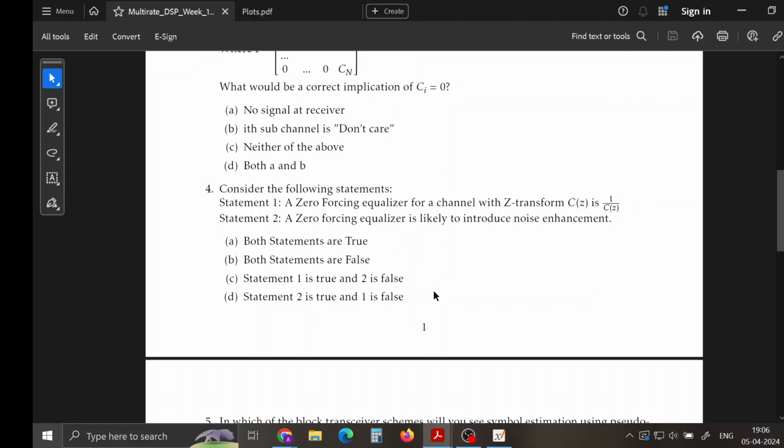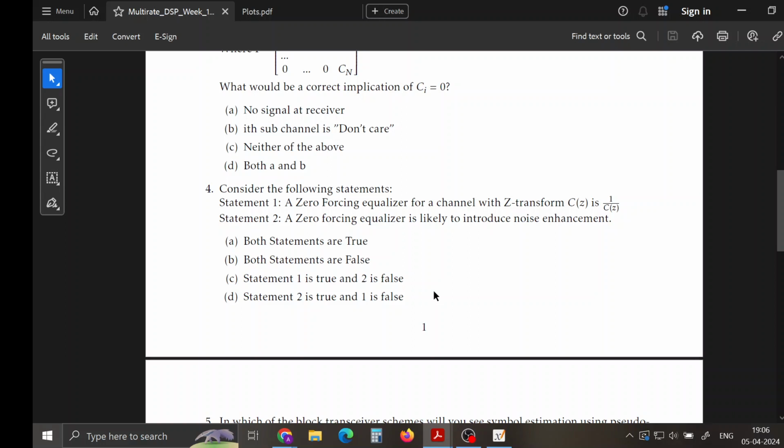That's an ideal situation where it is completely 0, but in a more practical scenario there could be some minimum noise signal level, which makes c_i not exactly equal to 0. So there will be some small amount of non-zero gain for the ith subchannel.